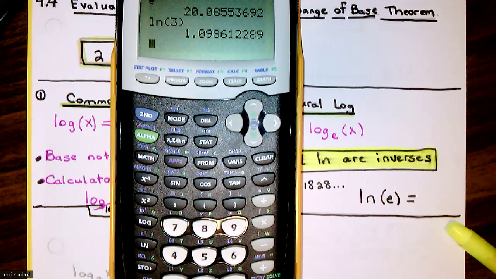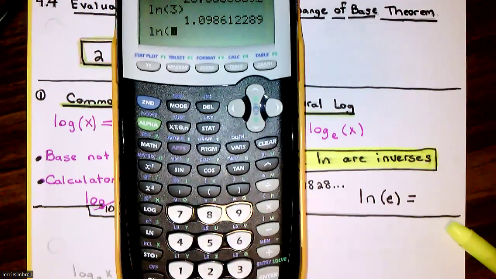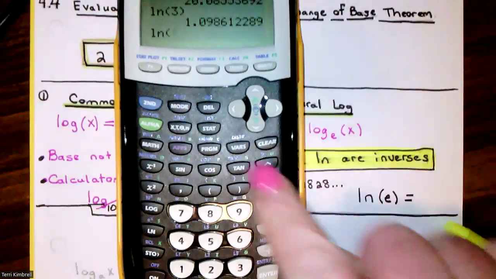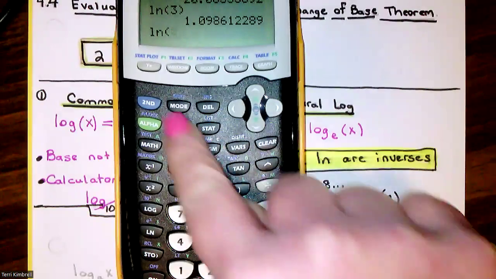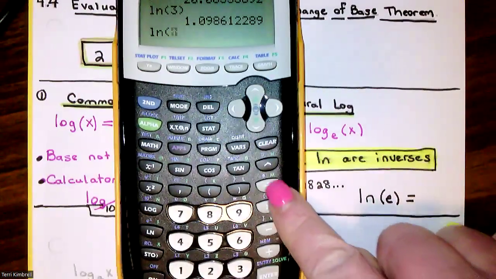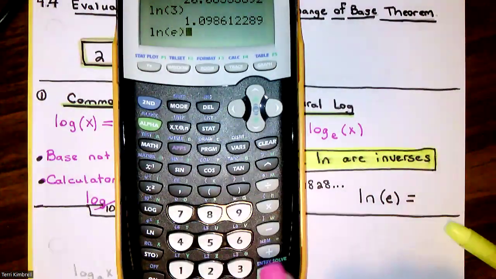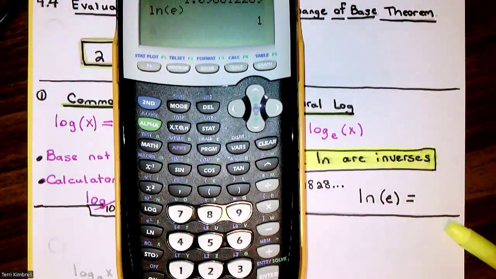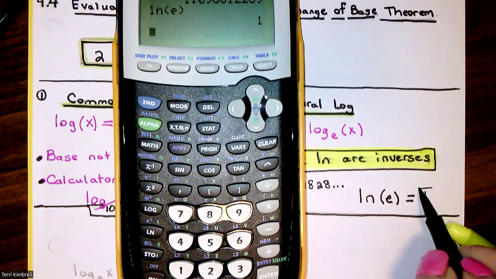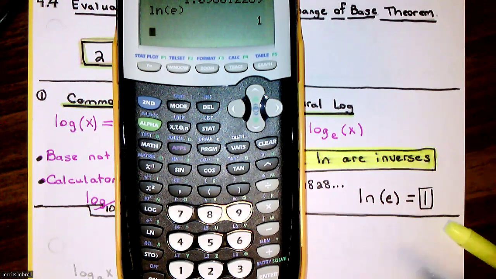So those would be inverses of each other. If we were to type in ln, since this is e to the first, I'm just going to use this button over here, second divide, and I'm going to close the parentheses, and I get 1. Remember that inverses cancel each other out. So that would cancel out to 1.